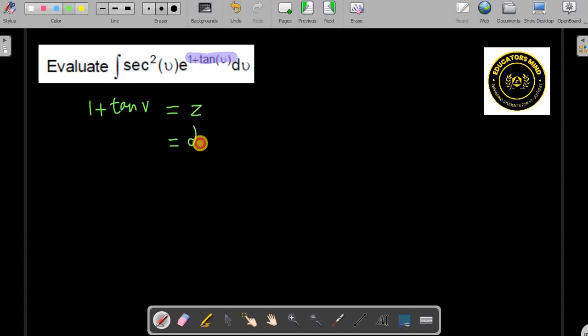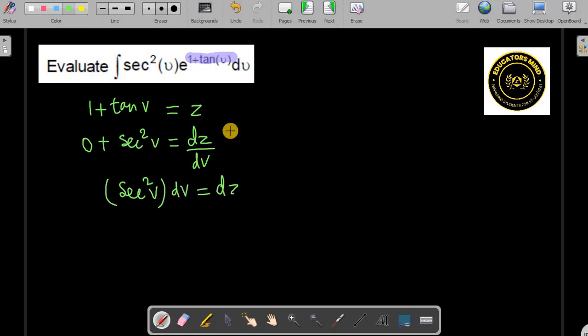Again you can do the same thing: dz by dv. The differentiation of 1 is 0, and the differentiation of tan v is secant square v. So secant square v and dv can be clubbed together as dz, isn't it? So what do you get?